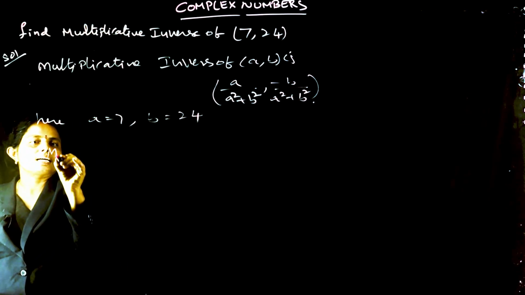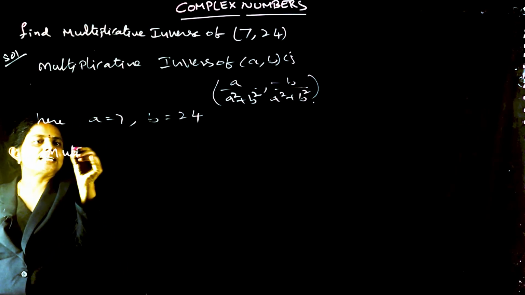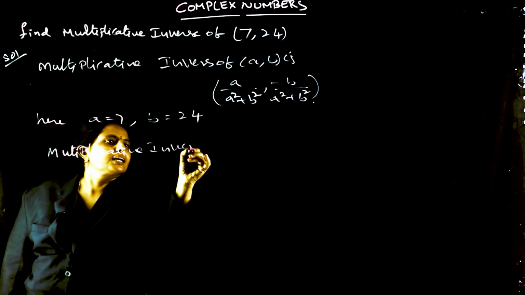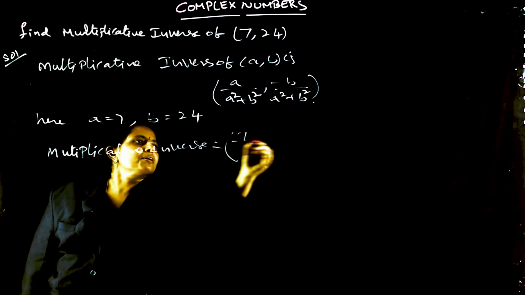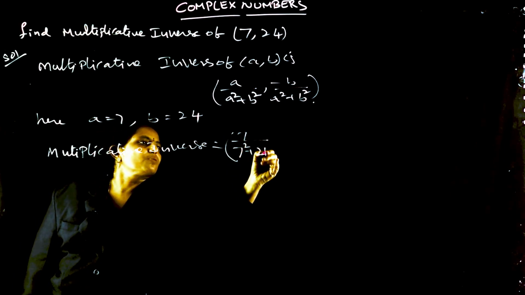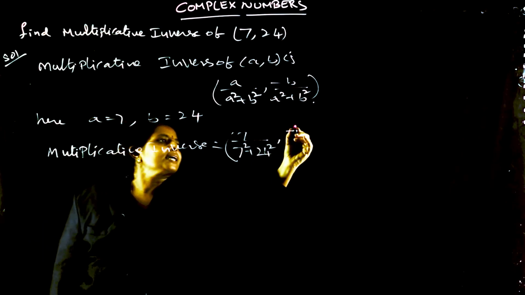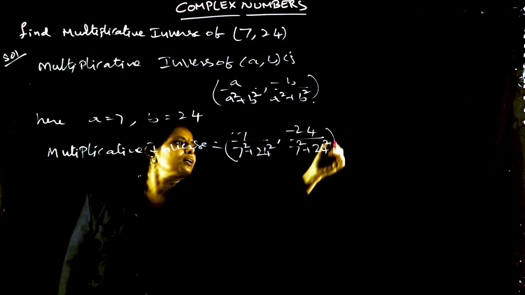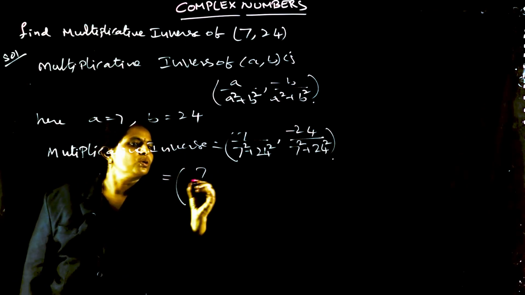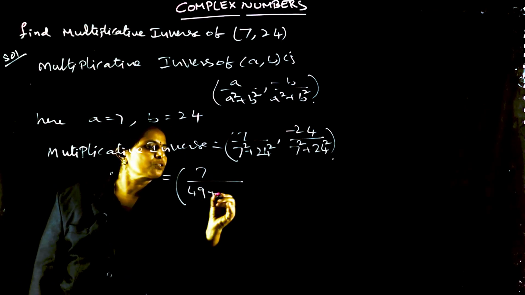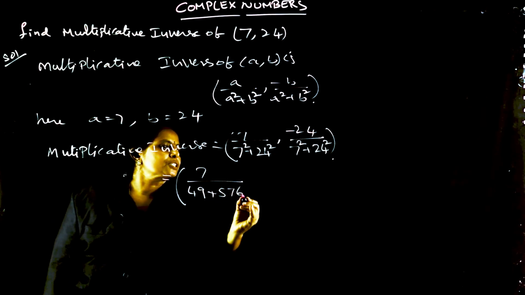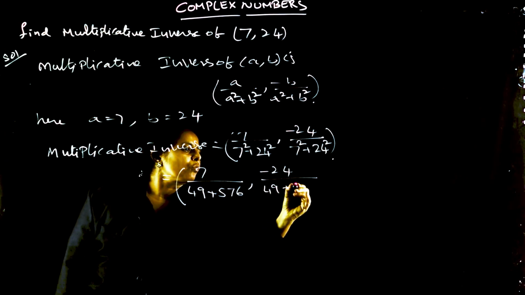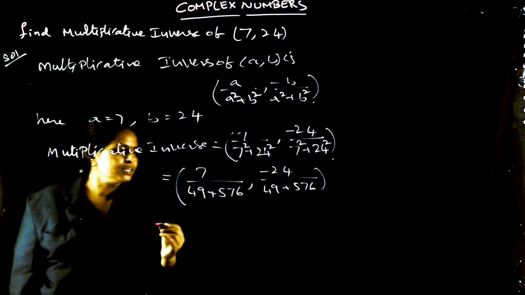So we can write its multiplicative inverse as 7 by 7 square plus 24 square comma minus 24 by 7 square plus 24 square, which is equal to 7 by, 7 square is 49, 24 square is 576, and it is minus 24 by 49 plus 576.